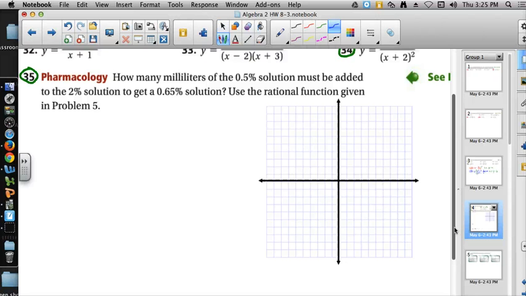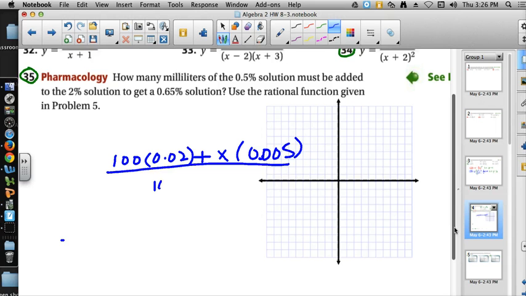Number 35 says how many milliliters of the 0.5% solution must be added to the 2% solution to get a 0.65% solution, and use the rational function given in problem 5. So that was 100 times 0.02 plus x times 0.005 all over 100 plus x.